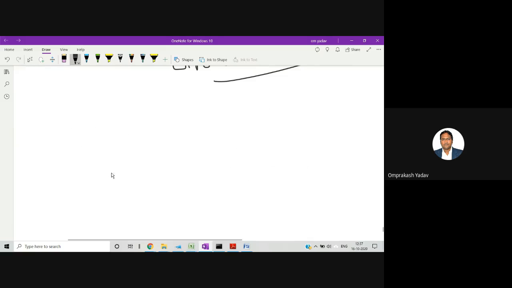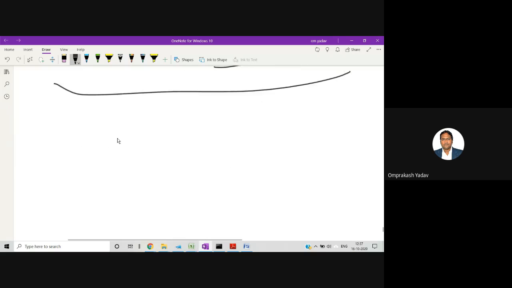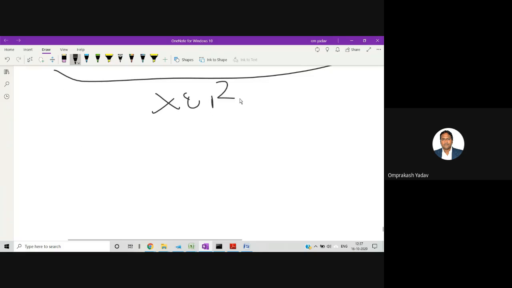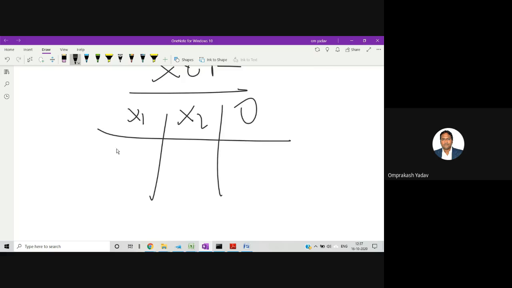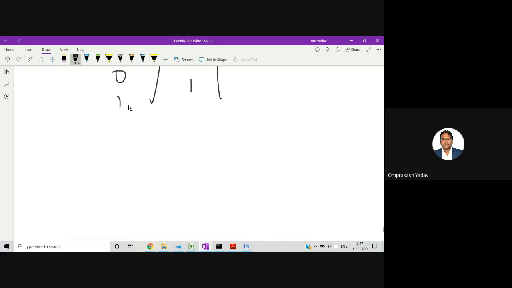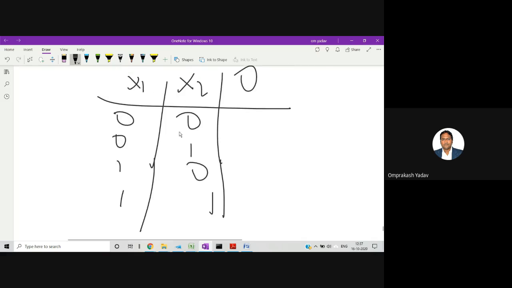Now let's take one more example, XOR. Inputs x1, x2 are 0 0, 0 1, 1 0, 1 1, so the output will be 0 1 1 0.